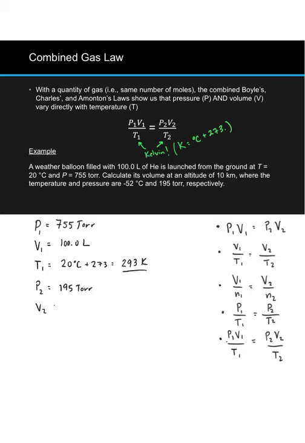The new volume is something I'd like to know. And the new temperature, T2, is negative 52 degrees Celsius. Once more, I'll convert it to Kelvin by adding 273, so that I come up with 221.